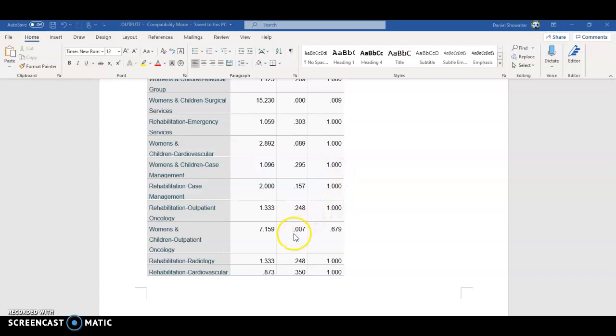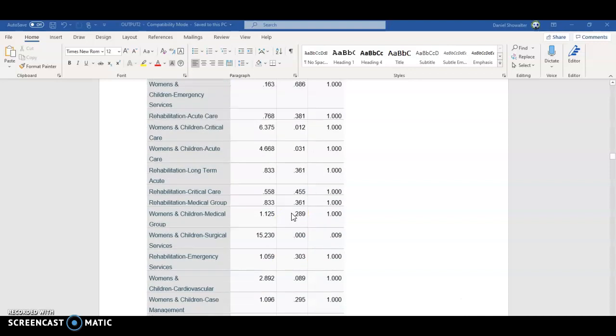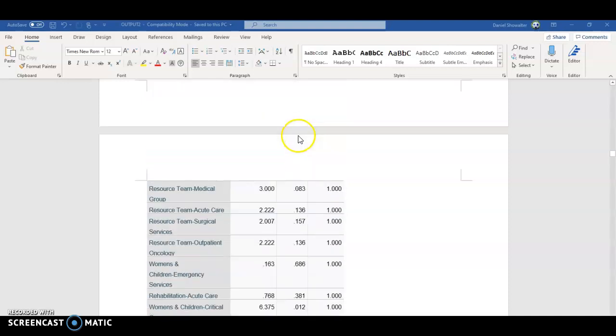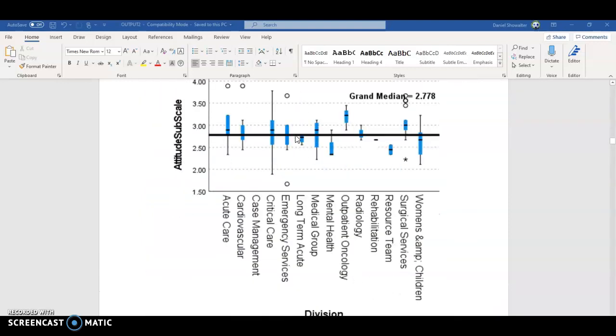Actually, let's just look for a significant one. Okay, so women and children versus critical care. There we're seeing a difference. So here's the women and children, and here's the critical care. And I guess the difference we're seeing there is maybe because you have so much higher sample sizes in those two.